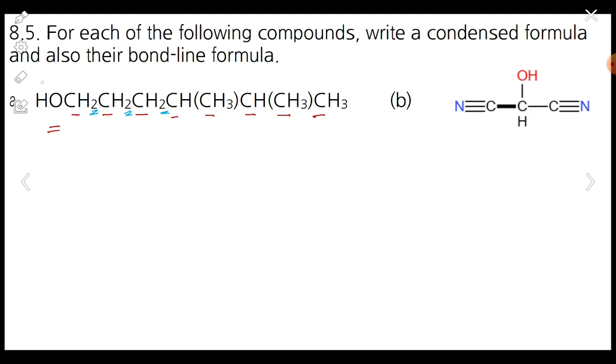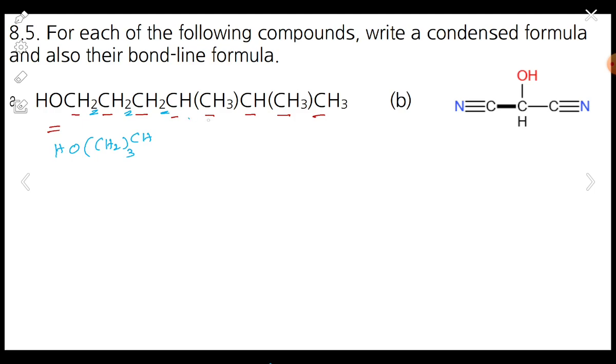So let me write the structure like this. I will write the OH without any disturbance, then I will open a bracket, then I will write CH2. There are three CH2, so I will write thrice. Then I will write CH, right? And then how will we write? Is there any repetition?